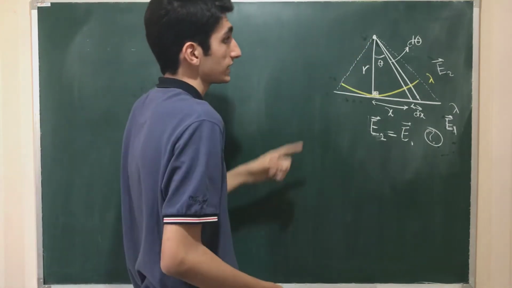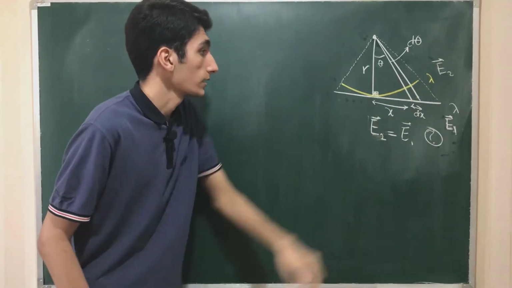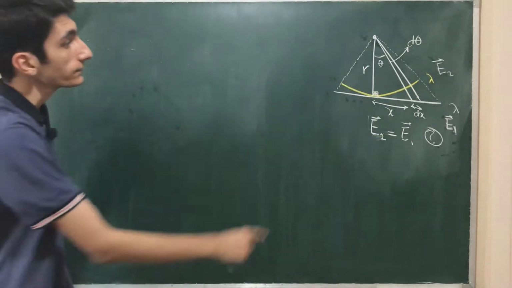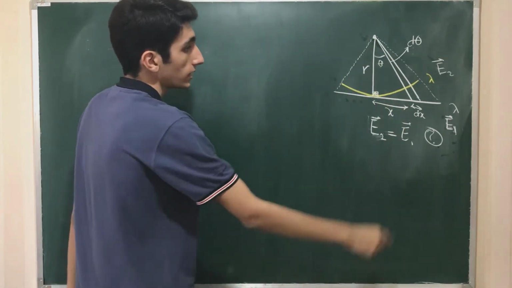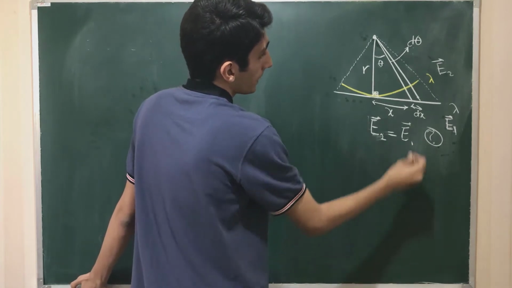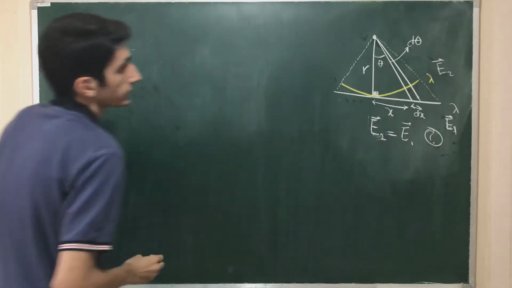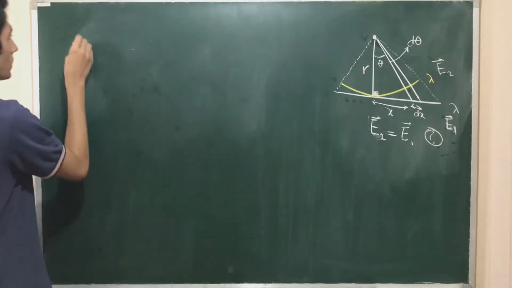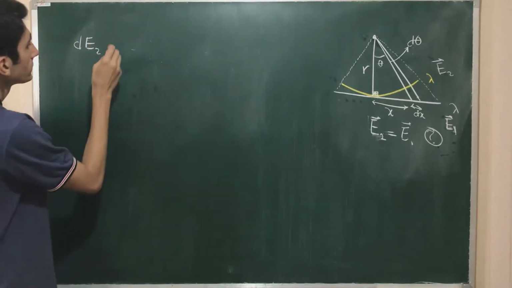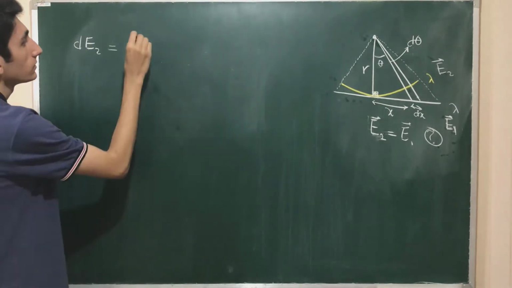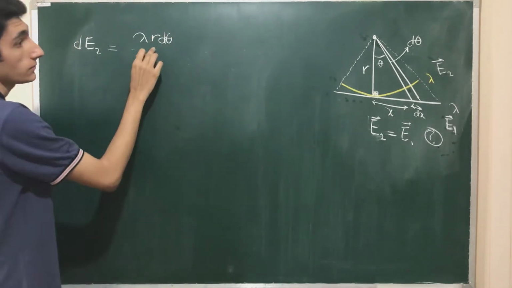The electric fields which they create at this point are equal, E2 and E1. So if this angle here is theta, this distance x, and the radius is r, the electric field which this small yellow piece creates at this point, I'm going to call it dE2, is equal to lambda times r times d theta.